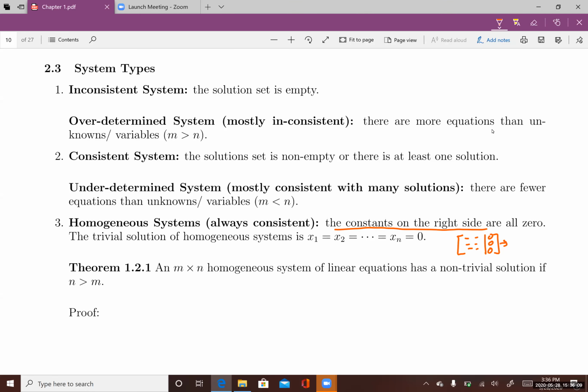And homogeneous systems are always consistent because you have a trivial solution for this homogeneous system. A trivial solution is a solution where all the variables are equal to zero. So x1 equals x2 equals x3 equals 0 is at least one solution for this system.